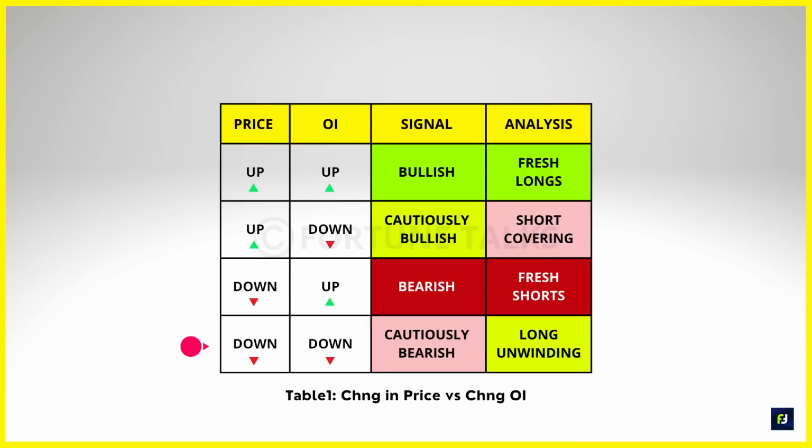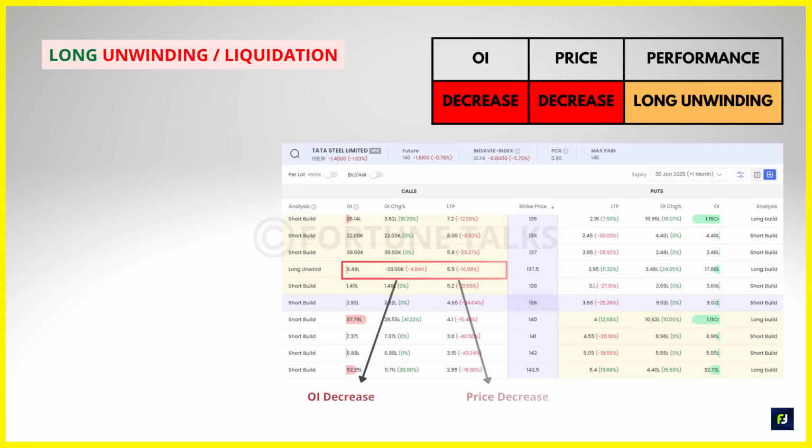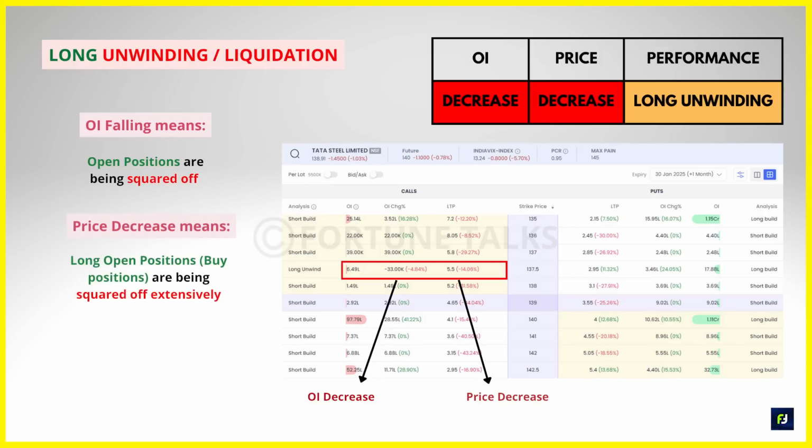The final scenario happens when prices are falling and open interest is also falling. This indicates that the market sentiment is weakly bearish. If price is falling and open interest is falling along with it, it means that the fall in price is due to long liquidation. It is also called long unwinding.